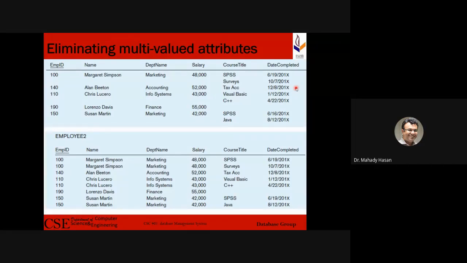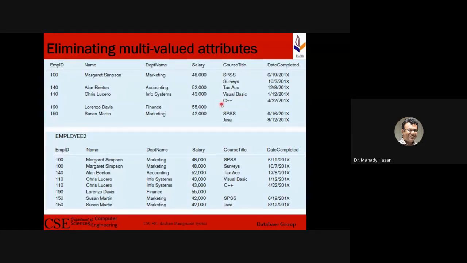Okay, so that means what? That means these 2 courses have been completed by whom? By Margaret Simpson.